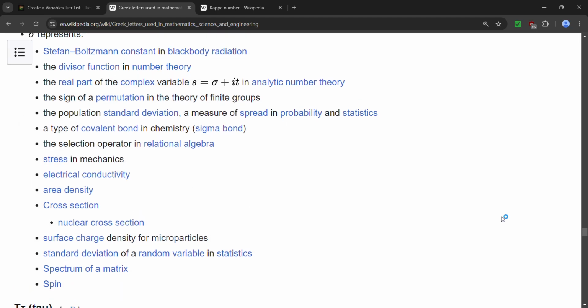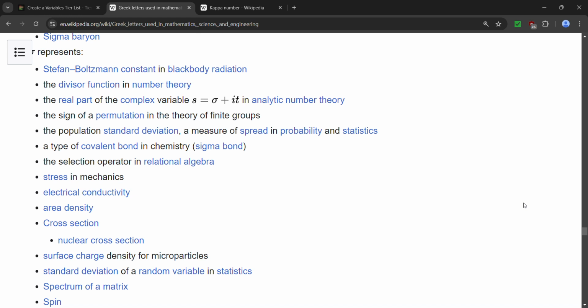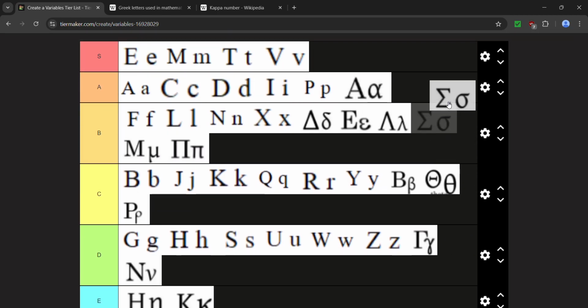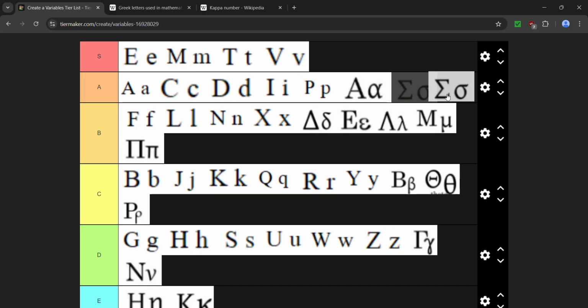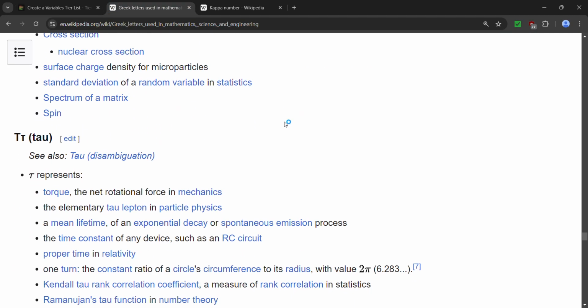I thought it was surface tension at some point, but maybe I'm wrong about that. These are pretty interesting. Besides summation, I don't think any of these are particularly important, but I think sigma is useful to each subfield in some way. It plays a big role. So it's kind of in the same realm as alpha in that sense. I don't know if I could put it that high, but I'm going to put it that high. I have to. Okay. There we go.